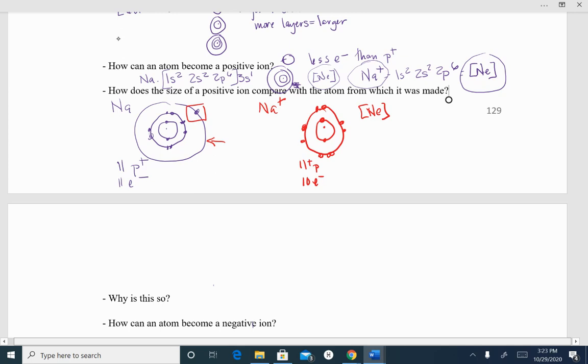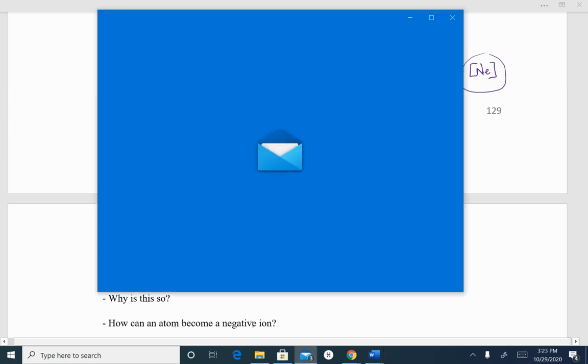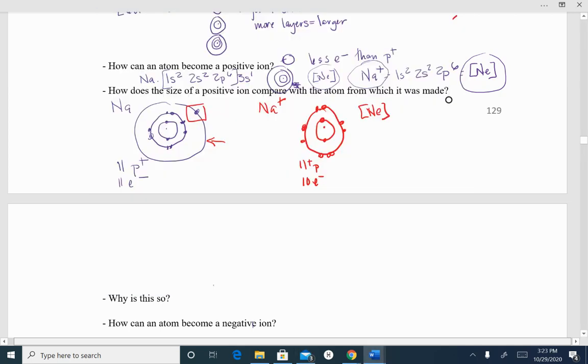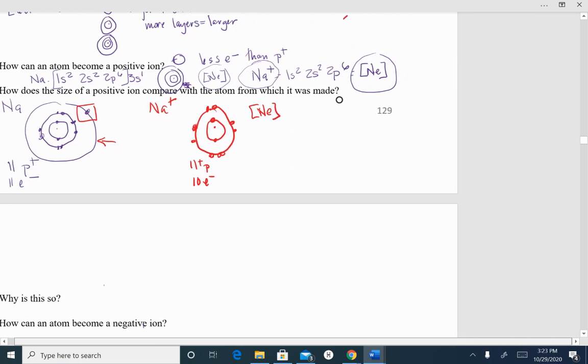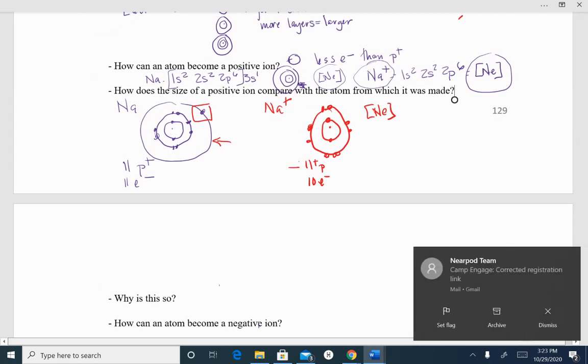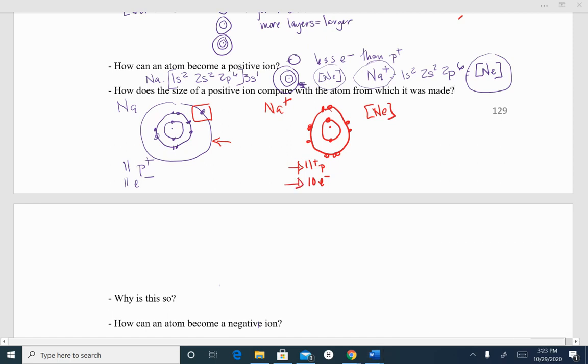So not only do I lose this whole shell, making myself smaller, I also have more protons compared to electrons to pull those electrons in even farther.